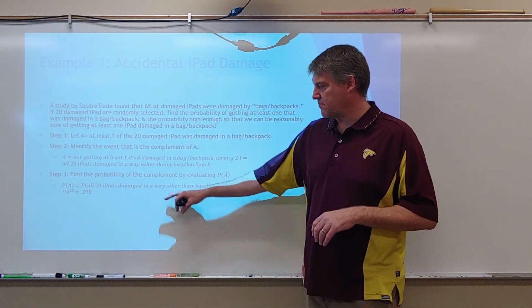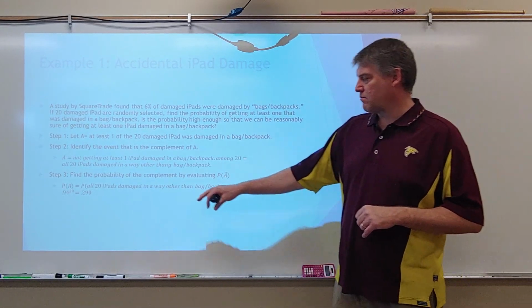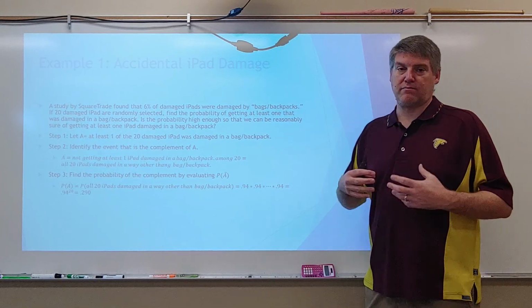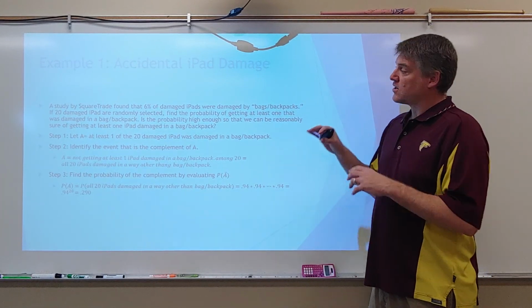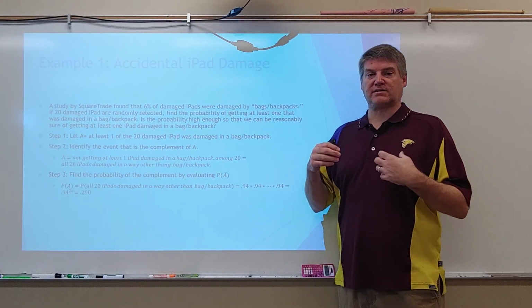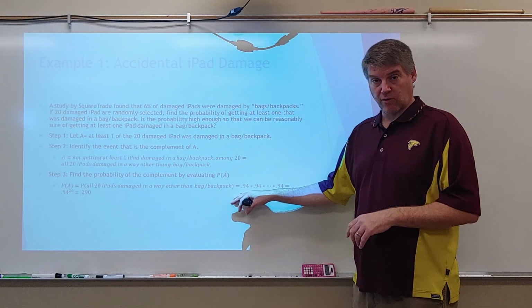Step 3: find the probability of the complement, evaluating P of the complement of A. That is the probability that all 20 iPads were damaged in another way besides a backpack. If I look at just one iPad, the probability that it's damaged some other way besides a backpack is 0.94.